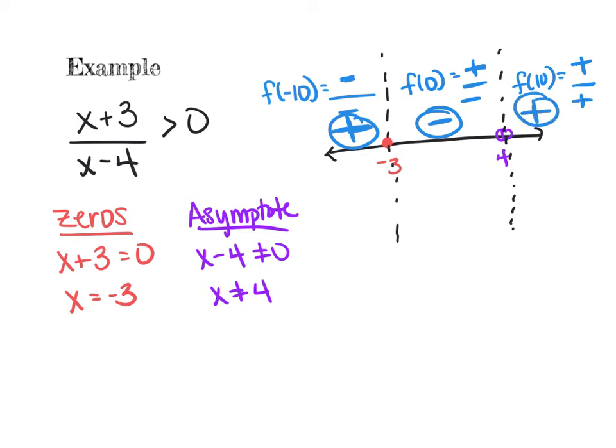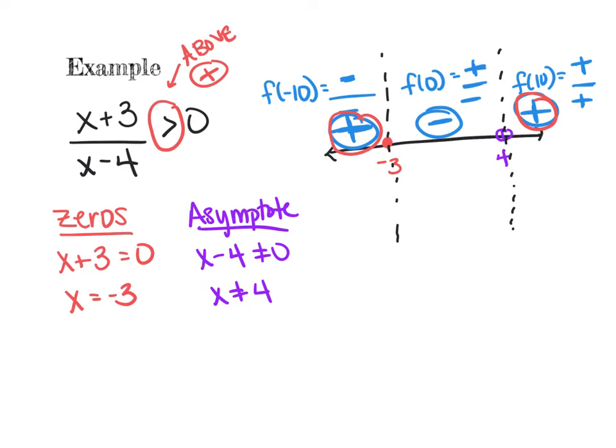And so now here's what I'm interested in. I'm interested in anything that is greater than 0, which means that it's above, or it has to be positive. So I'm interested in my positive signs, here and here. And so when I look at this now, I can write the actual solution using interval notation.